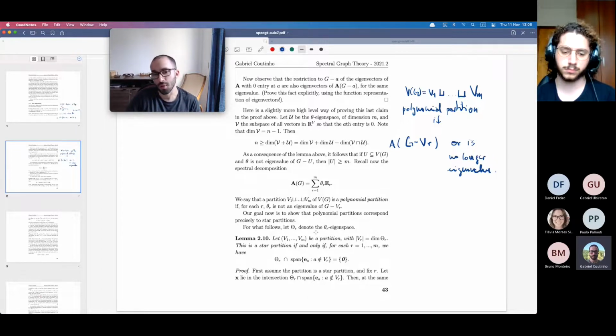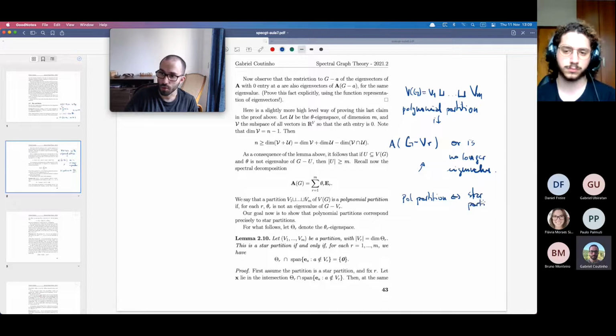What I was intending to do at the end of last class was to show that polynomial partitions correspond to star partitions, and then there was a lemma. The lemma contained a mistake. Now it's been fixed. We will see the lemma, and we will see how this lemma can be used to prove this result. All right. So the result is that something is a polynomial partition if and only if it is also a star partition.